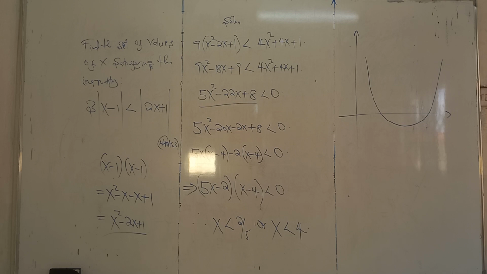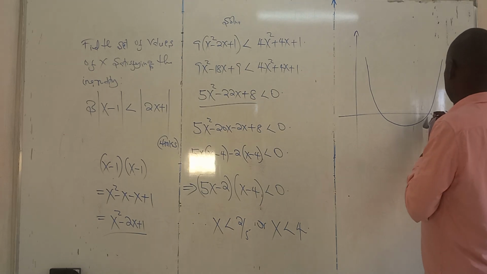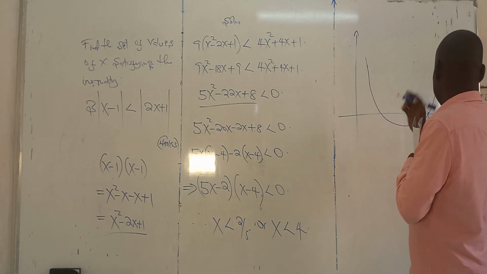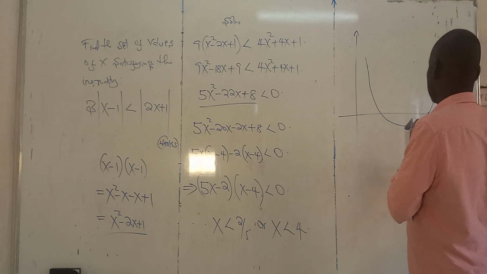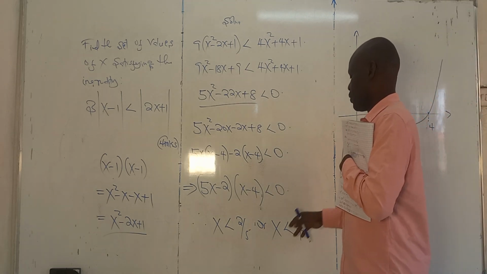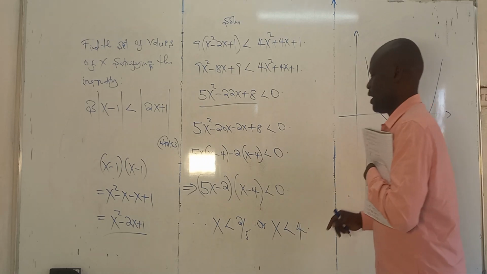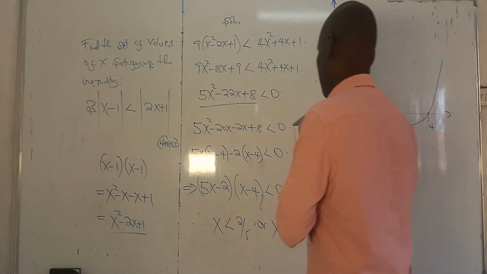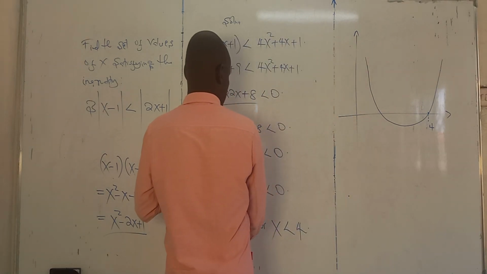And then this point, I want to put it dotted because x less than means it may not have to touch that. It's not touching 4 because it's strictly less than. And also we are told x is less than 2 over 5.